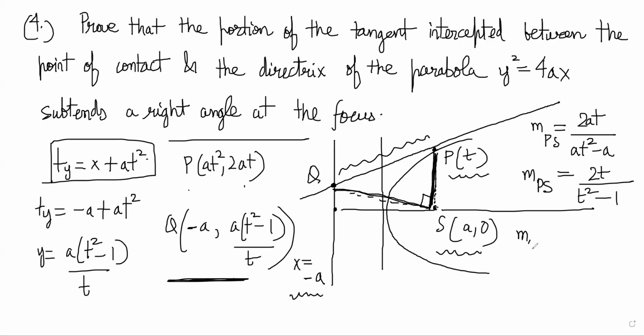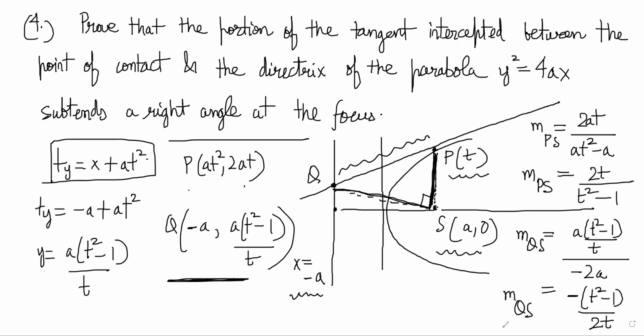What is the slope of QS? Slope of QS would be a times t square minus 1 by t minus 0, so a times t square minus 1 by t in the numerator, divided by minus a minus a, so minus 2a. So now we are getting negative of t square minus 1 by 2t, right?